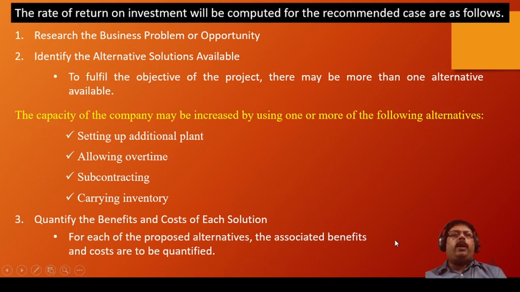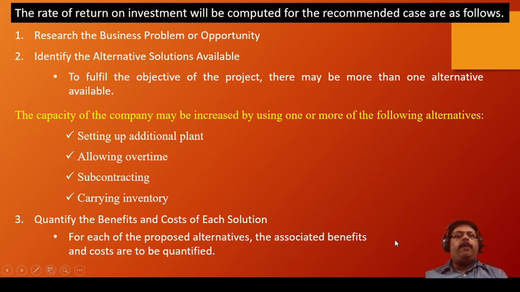Now, if you talk about identifying the alternative solutions available, the capacity of the company may be increased by using one or more of the following alternatives, such as setting up additional plants, allowing overtime, subcontracting, carrying inventory. These are all factors that could be the alternative solutions which can be proposed for our project.